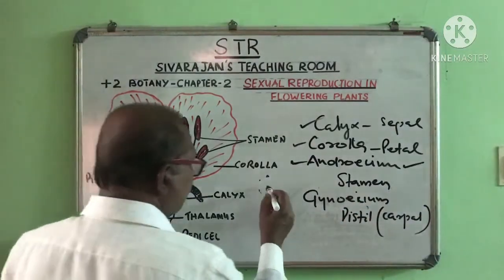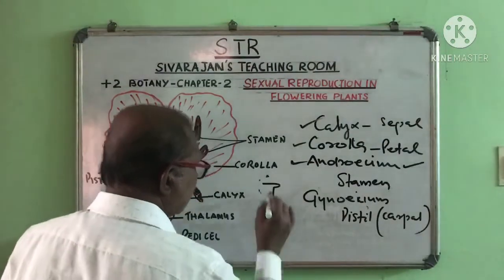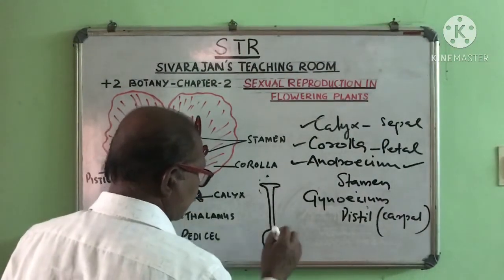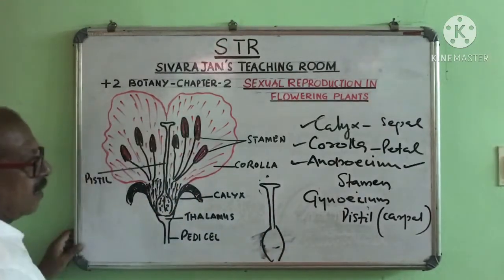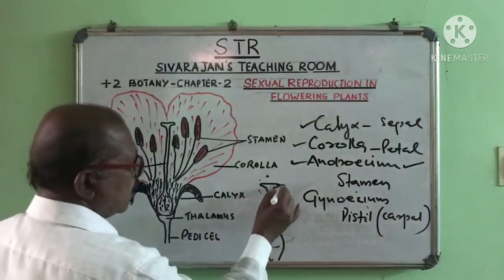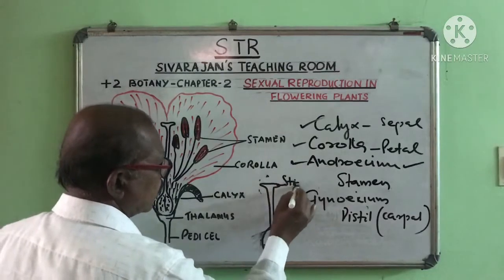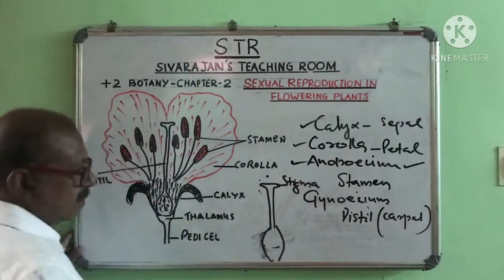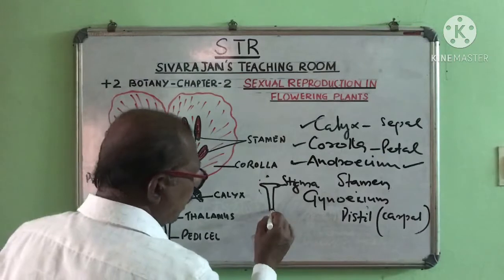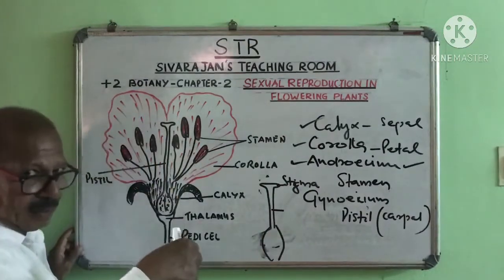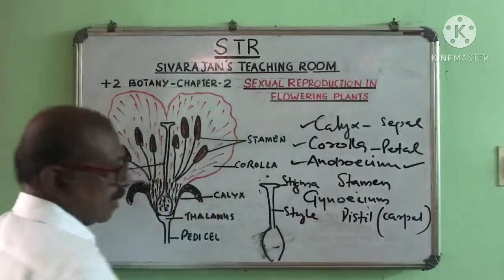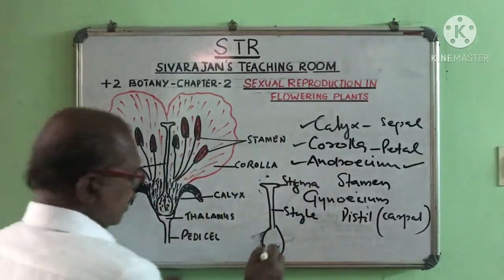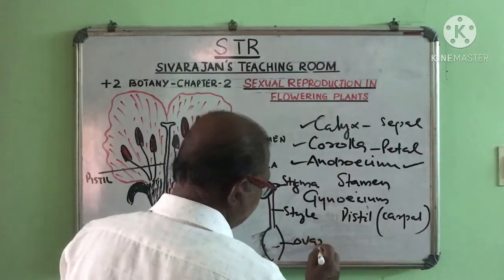And if you take a pistil, it has got 3 parts. What are they? A platform-like structure called stigma, and a tubular stalk called a style, and a swollen base called the ovary.